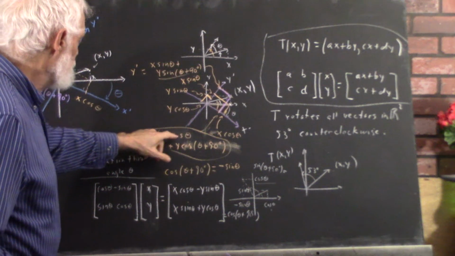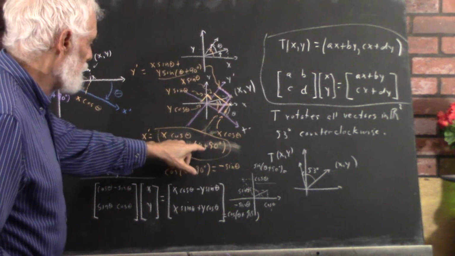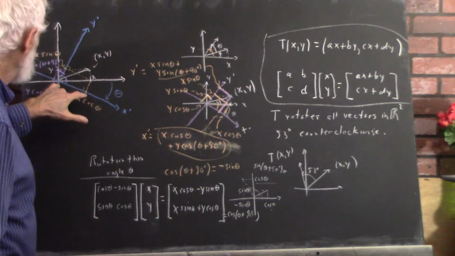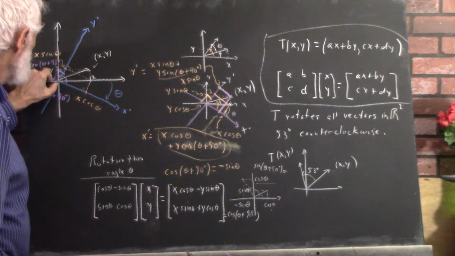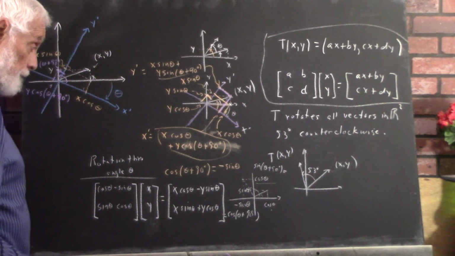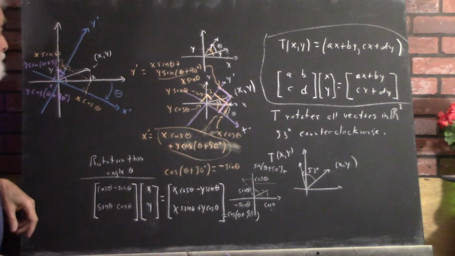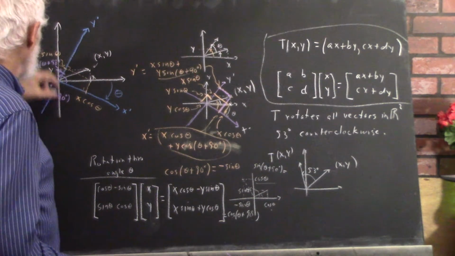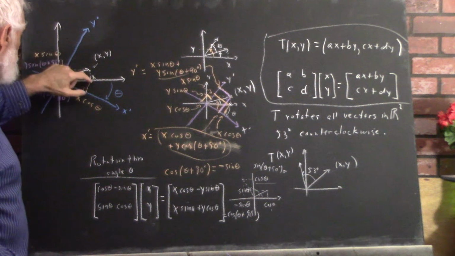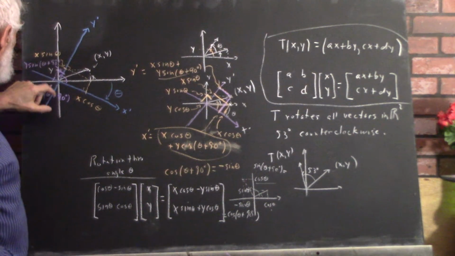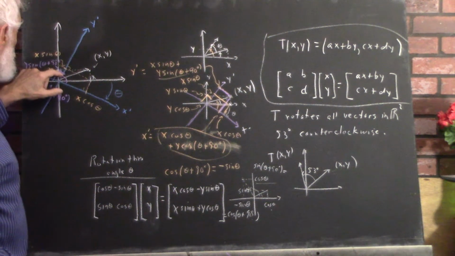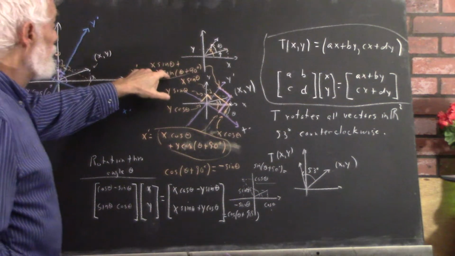X prime is x cosine theta plus y cosine of theta plus 90 degrees. It's this plus this. The y prime coordinate is going to be the x sine theta you get when you project here, plus the y sine of theta plus 90 degrees that you get here.